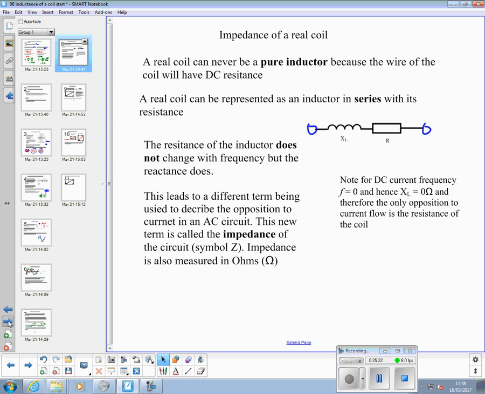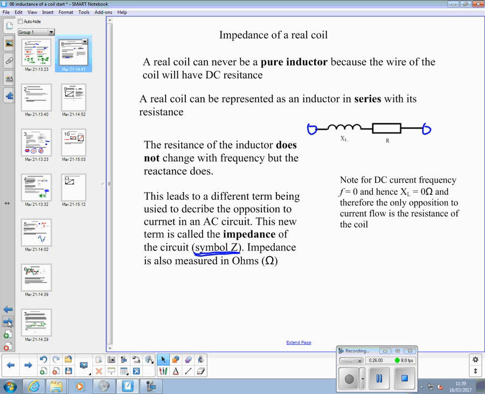The resistance of the inductor does not change with frequency, but reactance does. This leads to a different term being used to describe the opposition to current flow in an AC circuit. We call it impedance, symbol Z. And it's also measured in ohms. Note, for DC current, frequency F is equal to 0, and hence XL will be equal to 0 ohms. There is no inductance with a DC current because it ain't changing.